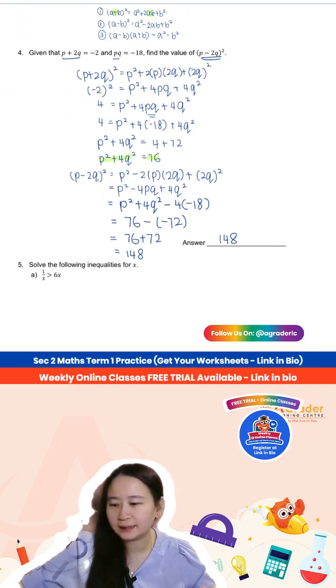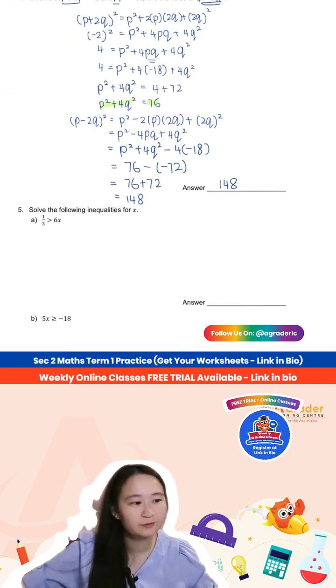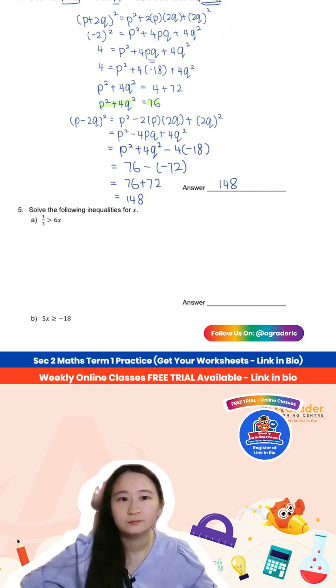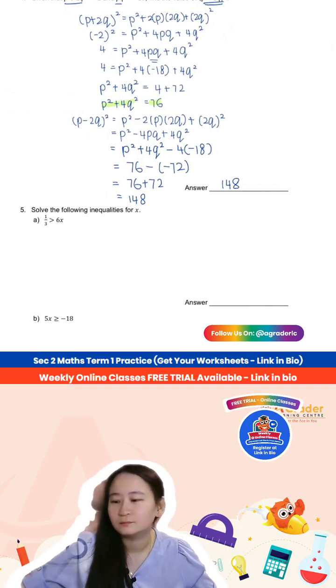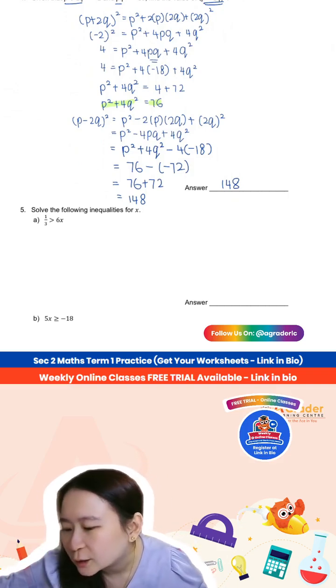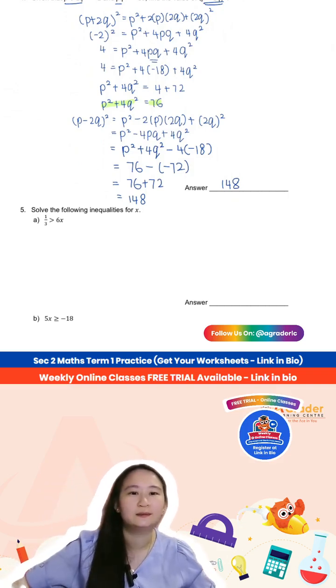Okay, those who are done, you can try question 5. Can you all see question 5? Question 5 is on inequality.